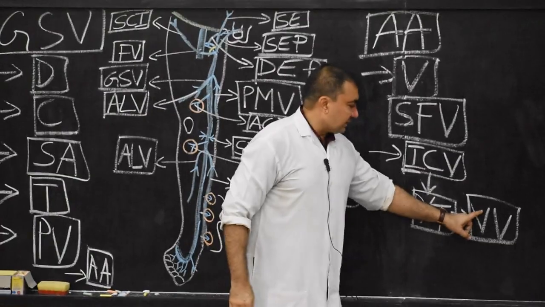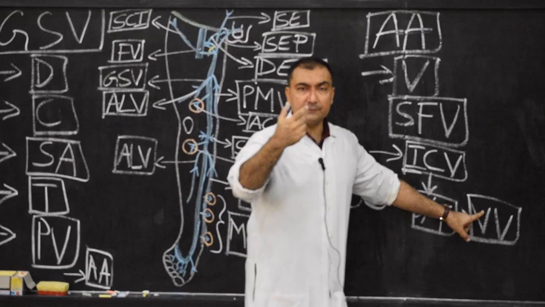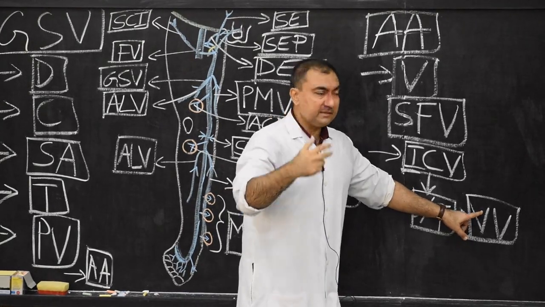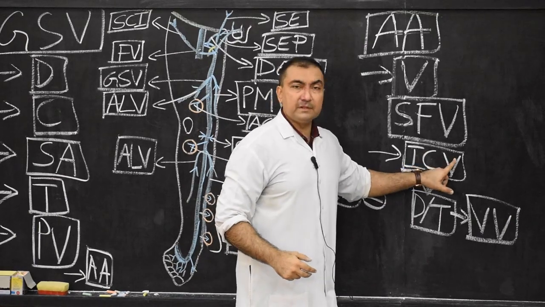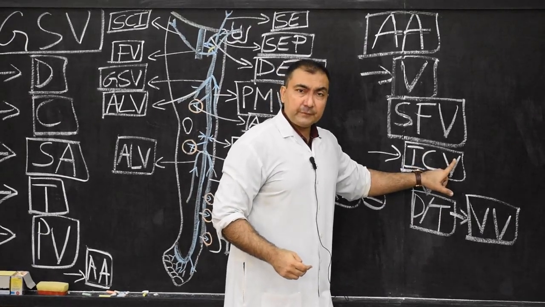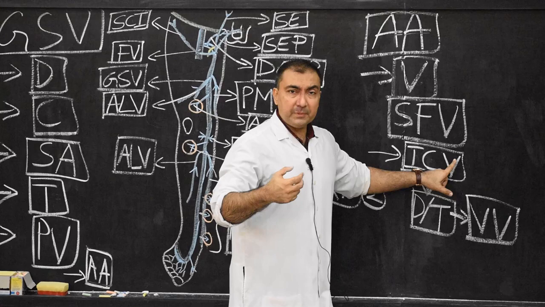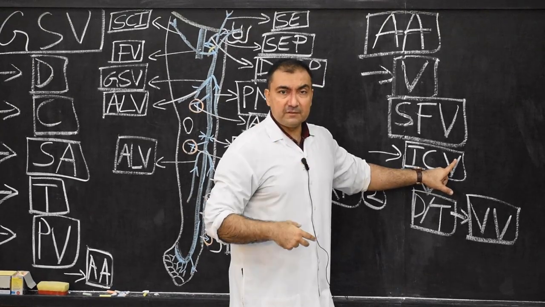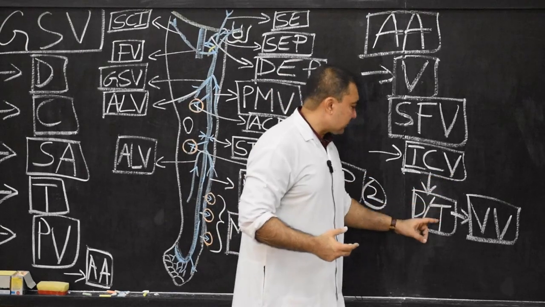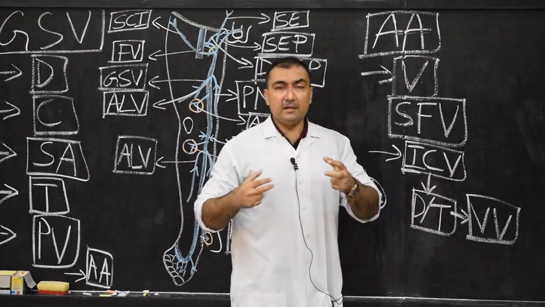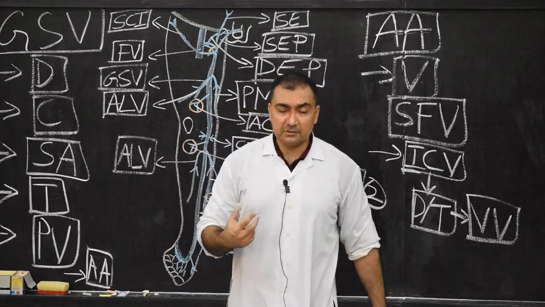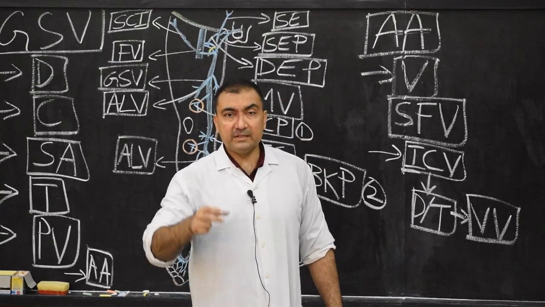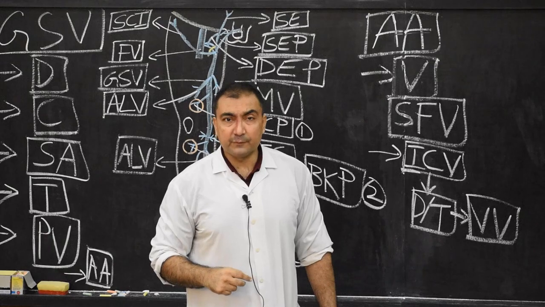For example, the great saphenous vein will become dilated and tortuous in cases of incompetency of the valves. Because blood is directed from deep veins into superficial veins, the entire superficial vein will have enlarged tortuosity and dilated appearance, and it will become varicose. So it is called varicosity of the great saphenous vein.